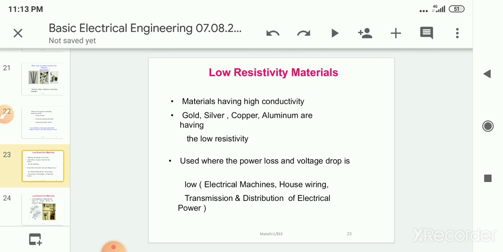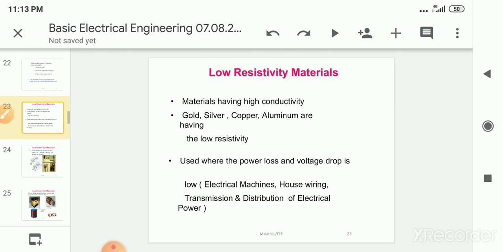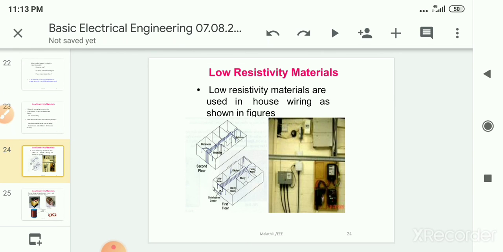So losses, voltage drops, and heat dissipation are less. What are the known examples for this? Gold, silver, copper, aluminium. All are low resistive materials.